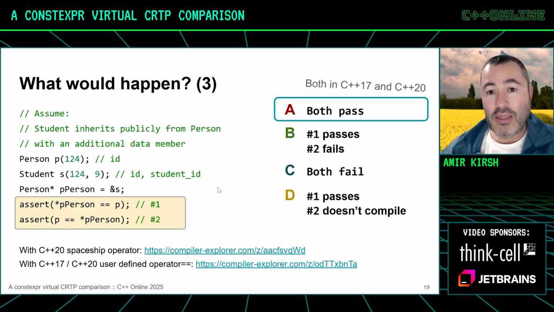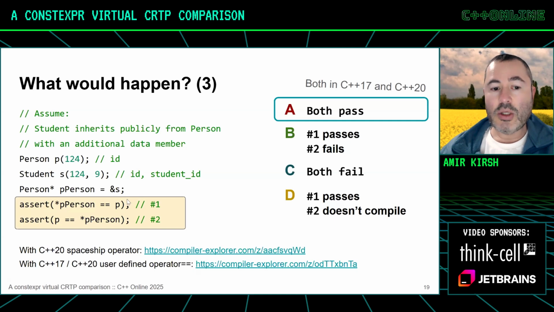And they shouldn't, in a way. I mean, this is a person. P is a person, and the pointer points to a student. So the student is not actually equal to the person, but both would pass because there isn't any virtual or dynamic behavior, unless maybe we implement the comparison operator as a virtual function.